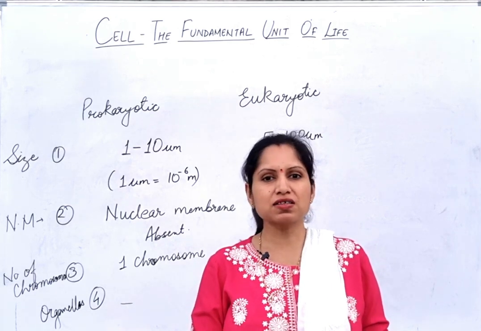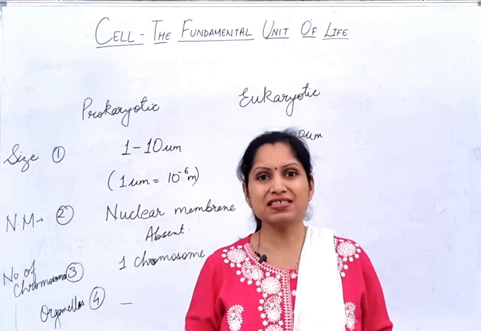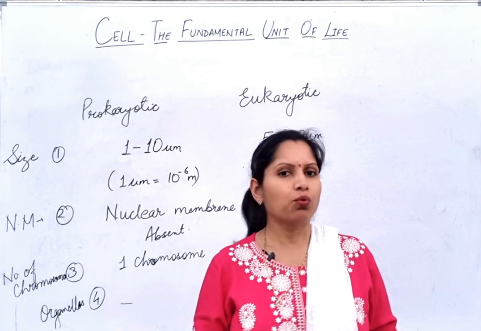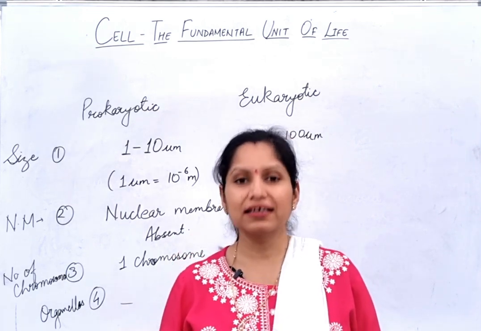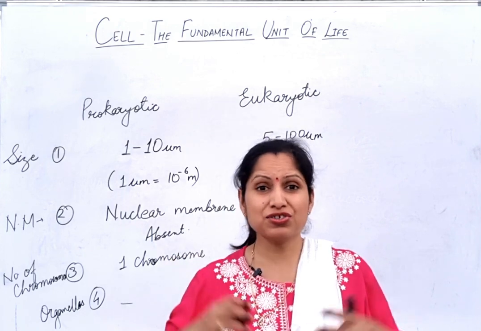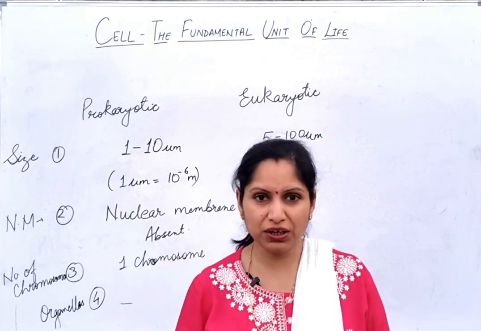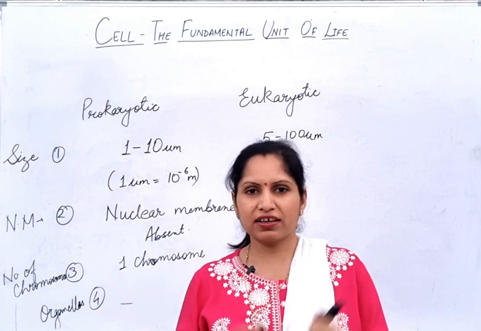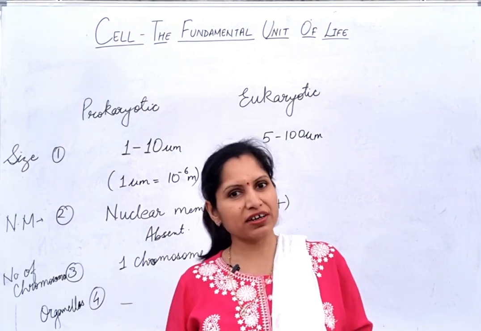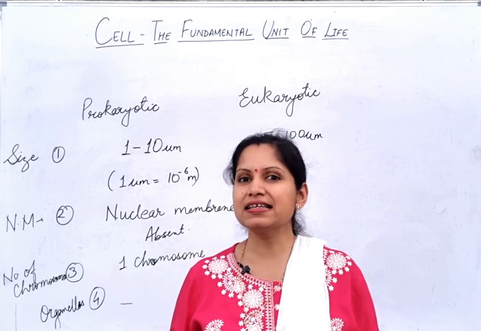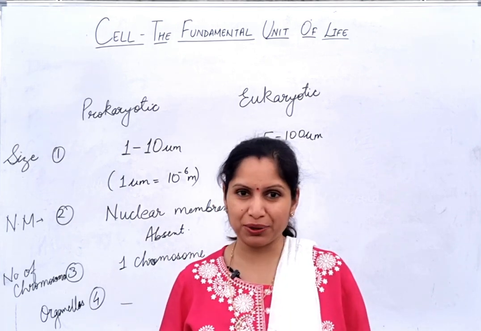In this cytoplasm only, different cell organelles are there. What are organelles? Organelles are small structures about which we are going to study in detail in the next video, that many cell organelles are there inside the cells. All these organelles are present inside the cell cytoplasm only.